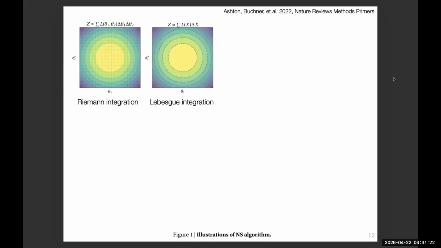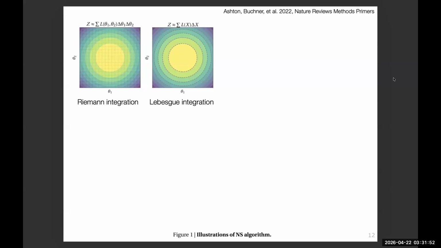The alternative, and this is what nested sampling does, is to do this kind of integration where you say, well, I'm going to try to find regions of equal height, right? And then I'm going to sum the height times how much shrinkage there is between different height layers, right? So we're trying to find almost the contours, and integrate up this pyramid, if you will.